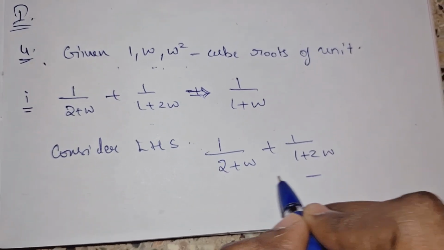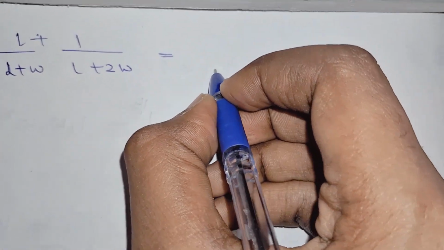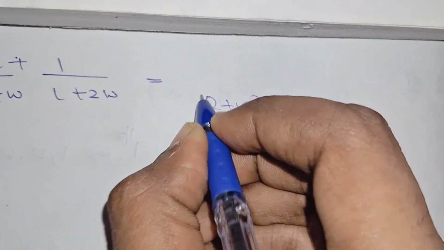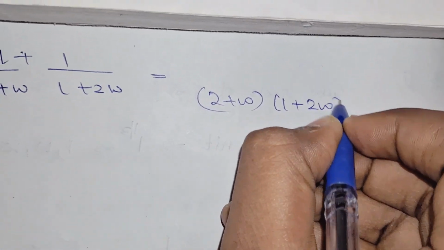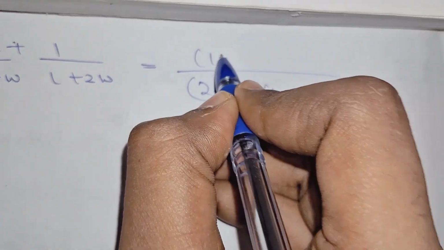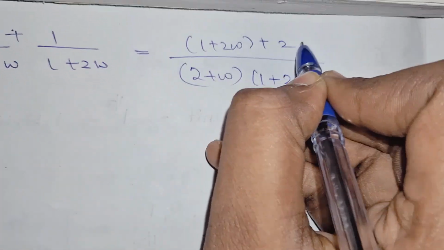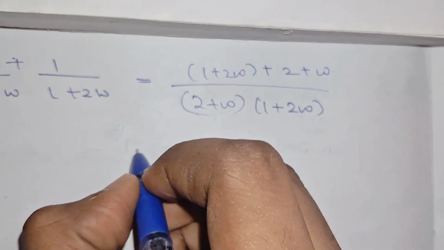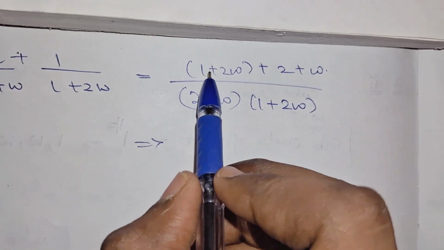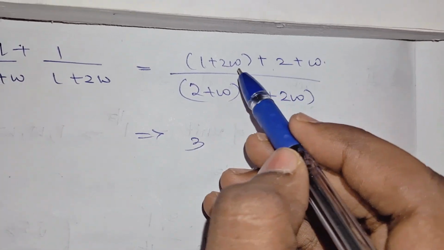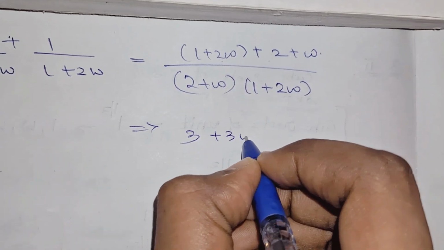Now we will take the LCM here. Taking LCM, in the denominator we get (2 plus omega) into (1 plus 2 omega), and the numerator will be 1 plus 2 omega plus 2 plus omega. Adding the above terms, 1 plus 2 is 3, and 2 omega plus omega is 3 omega.